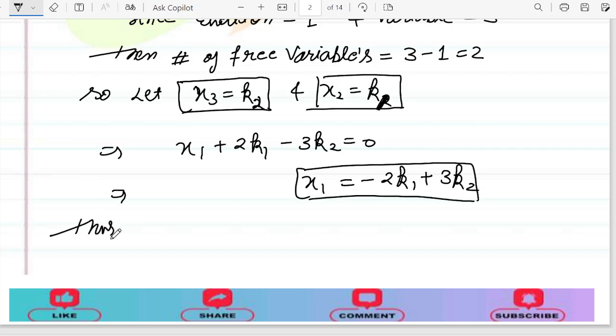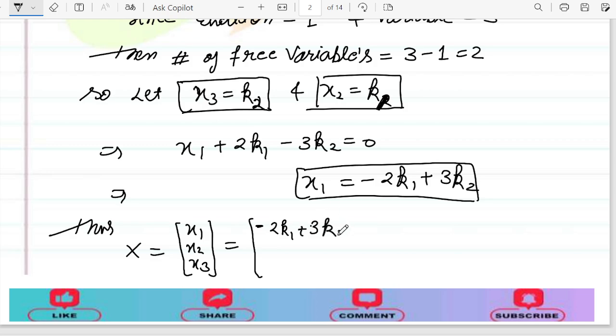Thus x is equal to x1, x2 and x3. Therefore, what is x1? x1 is minus 2 k1 plus 3 k2, that is k1 and that is k2. राइट, इसको आप ओपनली लिख लीजिए.